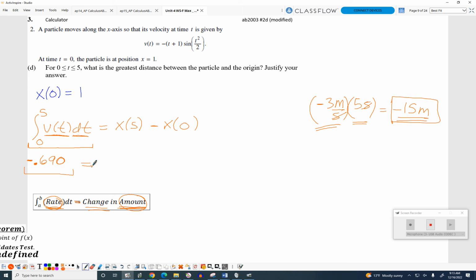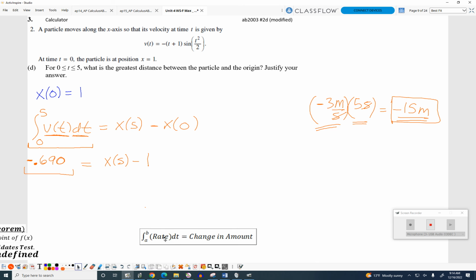And so we know x of 5 is what we're looking for. 5 points for Carrie Ann. X of 0 is 1, so then we add over the 1. So we end up with 1 plus -0.690.